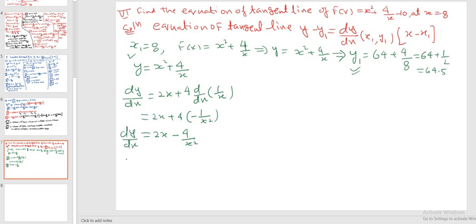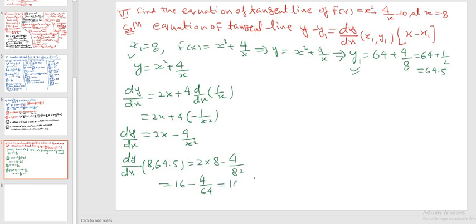This is your dy/dx derivative. But I need slope. So what you have to do? Slope means dy/dx at (x1, y1) equal to (8, 64.5). So 2 multiplied by 8 minus 4 divided by 8 power 2. That means 16 minus 4 divided by 64.